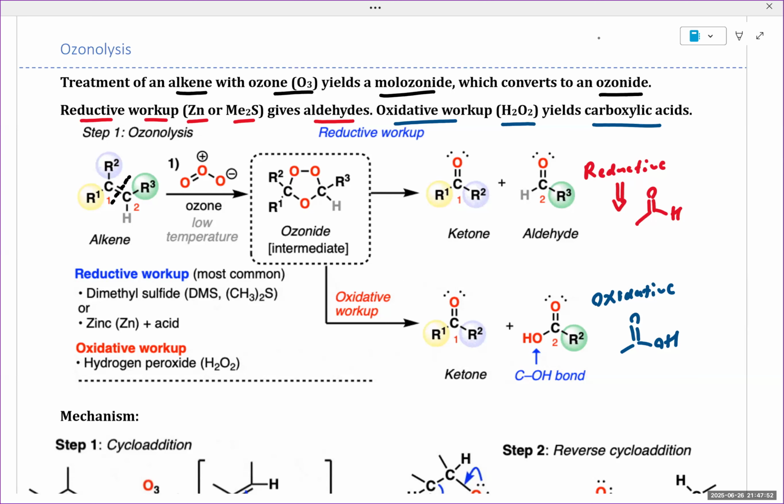These intermediates cannot be isolated safely in that they're highly explosive in many cases. So before you finish the reaction, you usually work it up with either an oxidizing or reducing agent so you get isolable products that are not explosive.